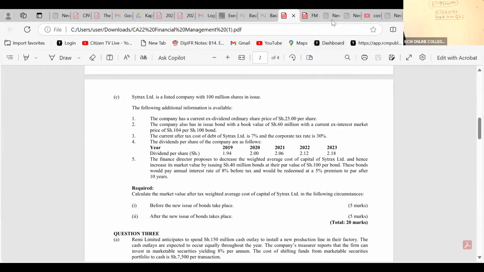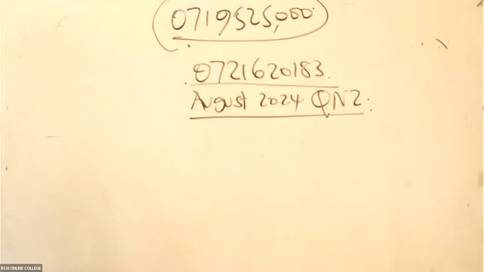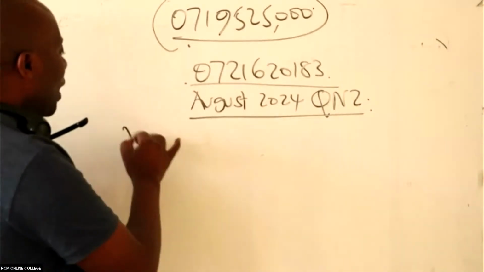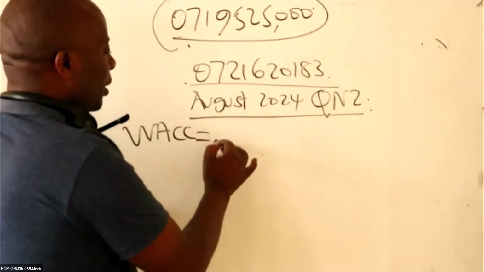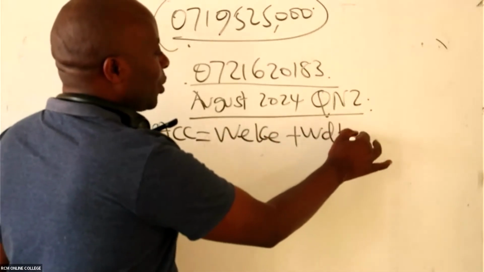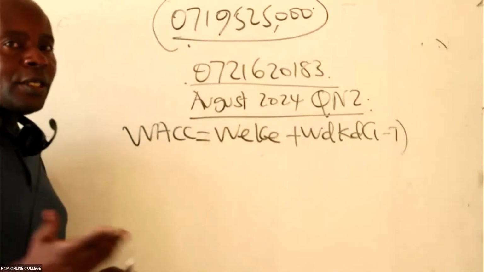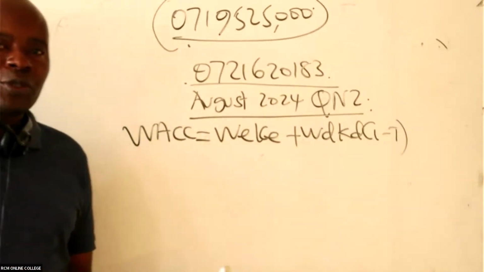So this is a straightforward, very easy question, because they simply wanted us to give them WACC. To get WACC, we take the weight of equity, cost of equity, weight of debt, and cost of debt. Cost of debt will be tax adjusted. In this question, we don't have preference shares.